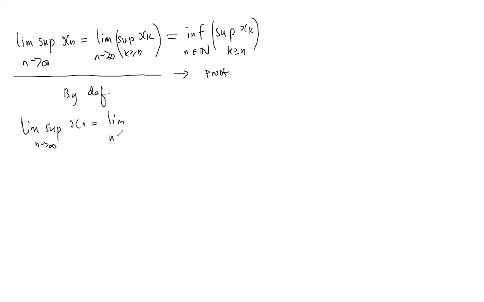Otherwise, we'll just use the result here. So the limit infimum of xn is, sorry, equivalent to the supremum of the infimum.